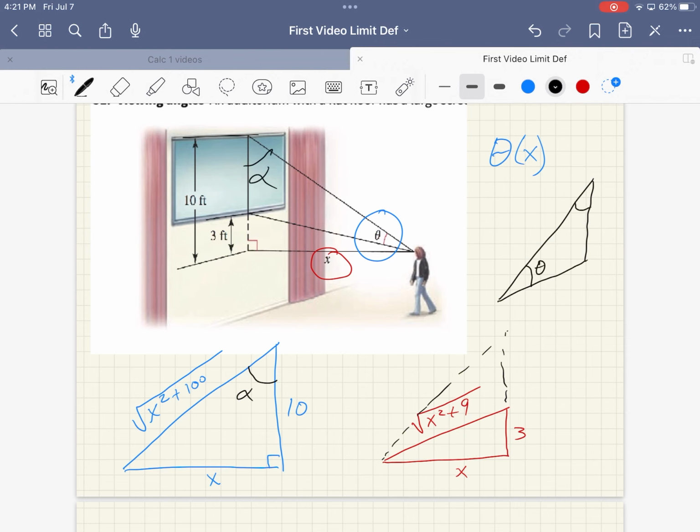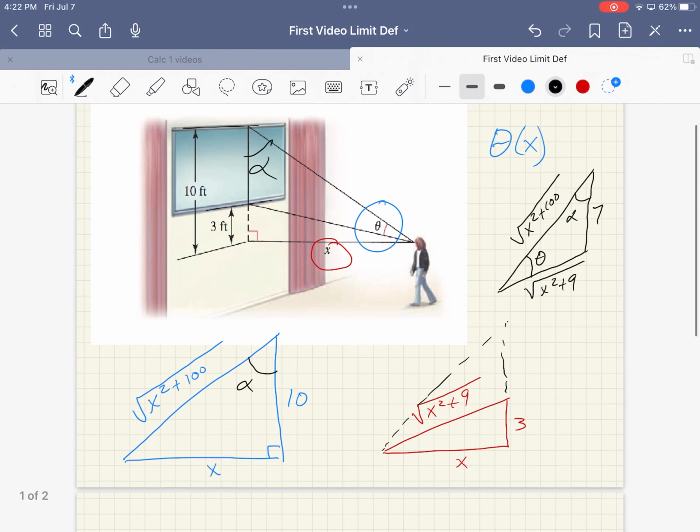And this is my angle theta. This is my angle alpha. I know that this is 7. I know this is the square root of x squared plus 9. And I know this is the square root of x squared plus 100. Now, this is going to allow me to come up with a function.